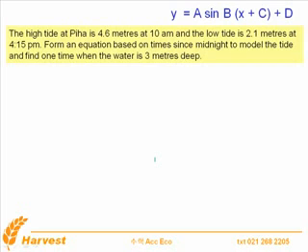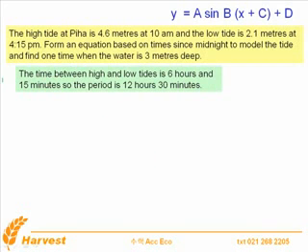From this information given, we can find the period, because the period will be used several times later. Let's find out the period. The time between high and low tide is 6 hours and 15 minutes.